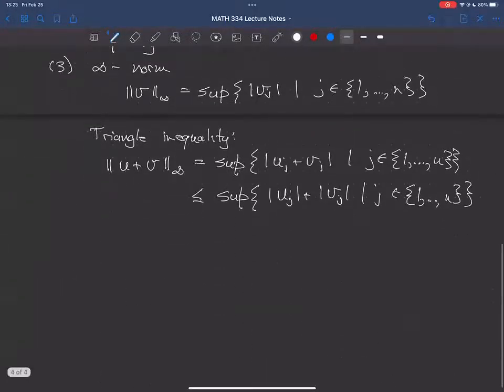Then we're going to change one of these indices to something else. So this is going to be less than or equal to the sup of |u_j| + |v_k|, where j and k are independent.